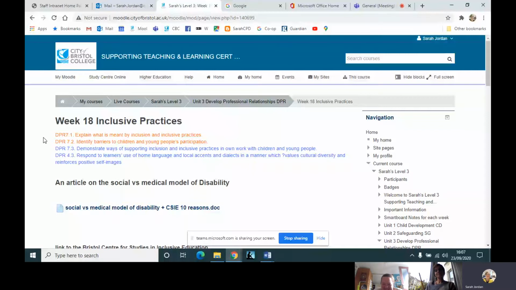So the two questions are DPR, that's Unit 3, 7.1, explain what is meant by inclusion and inclusive practices. And 7.2, identify barriers to children and young people's participation. Well, basically, the identify one defines what is meant by inclusion. What is meant by inclusion is identifying barriers.